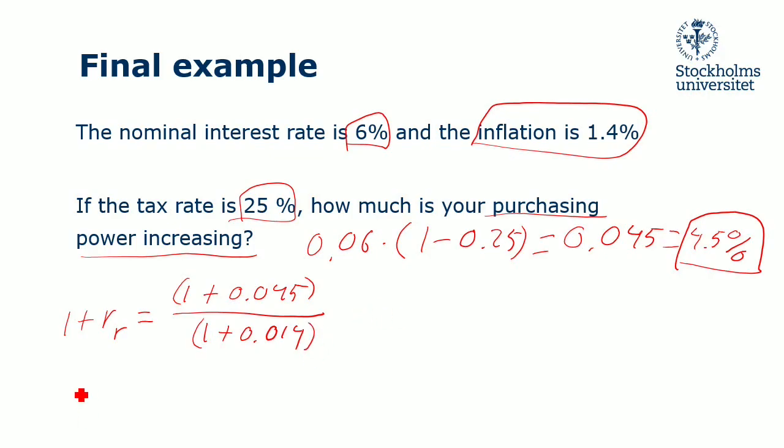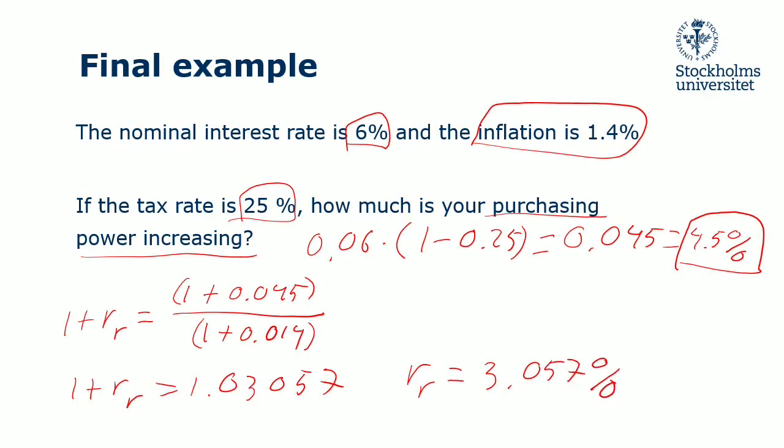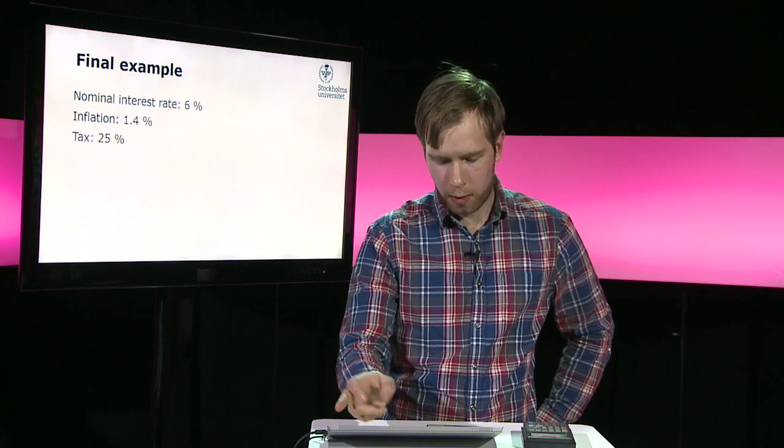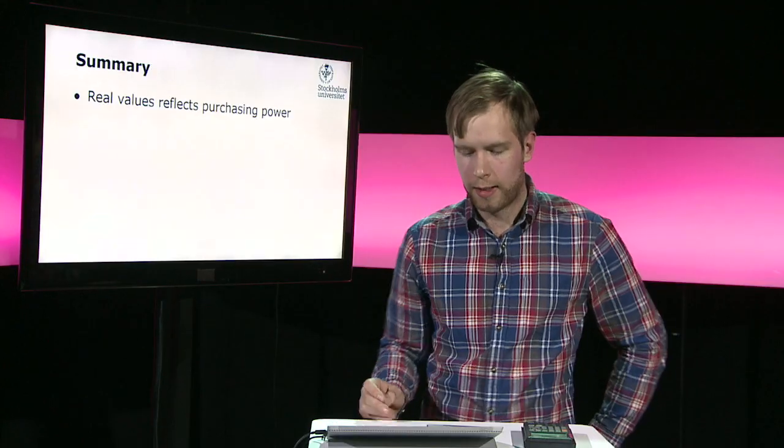This is equal to 1.03057. If you subtract 1 from both sides, we find that the real interest rate after tax is 3.057%. So our purchasing power increases by 3.057% every year.